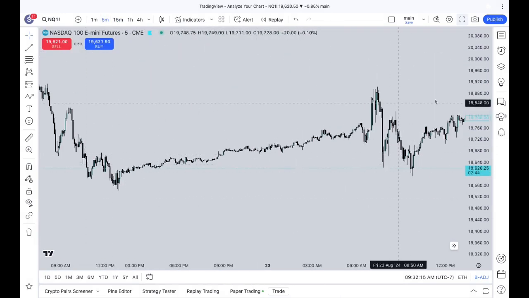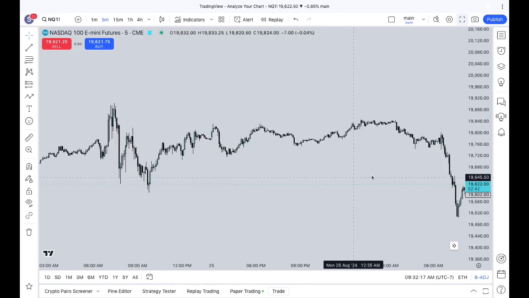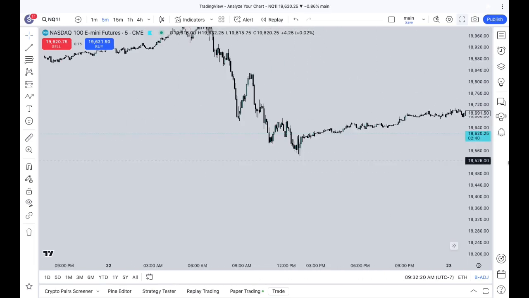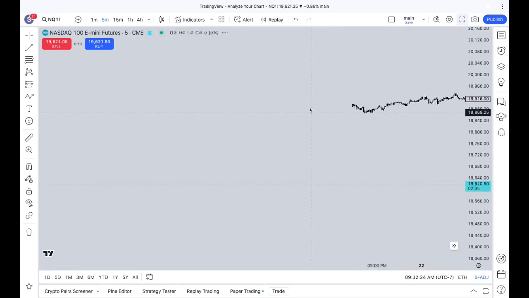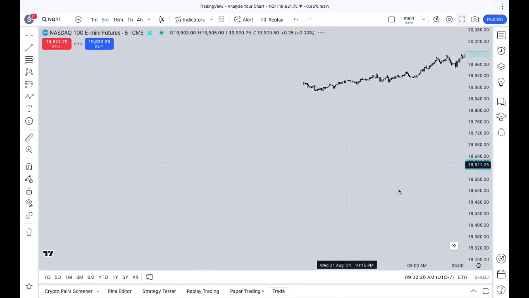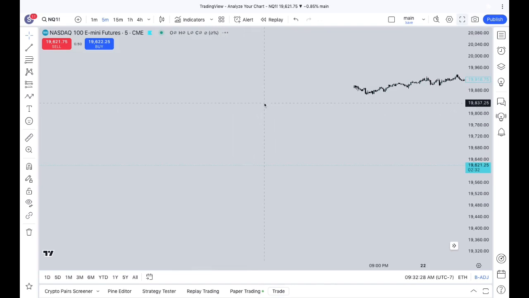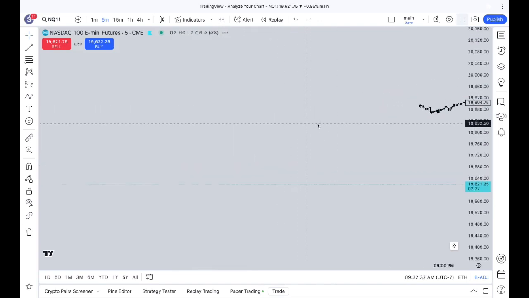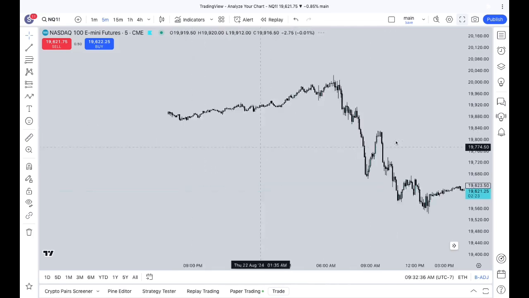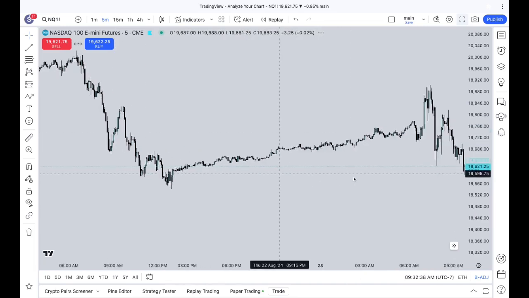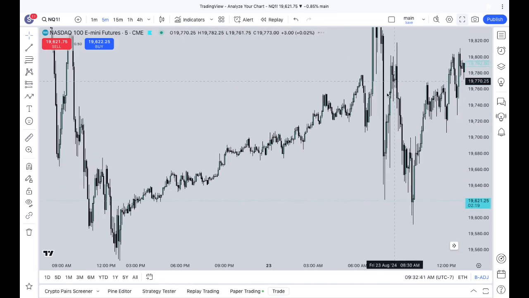It looks like the market's been pretty bad for August. Let's wait for this to load. Okay, we could just look for something around here.